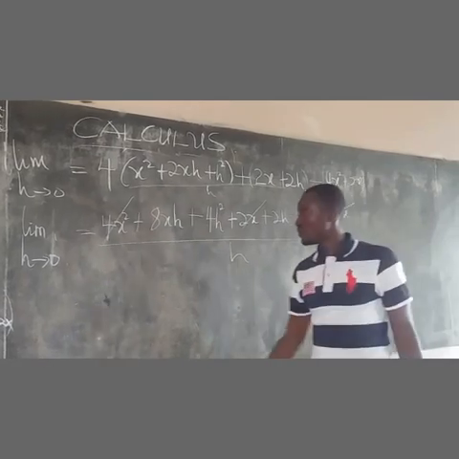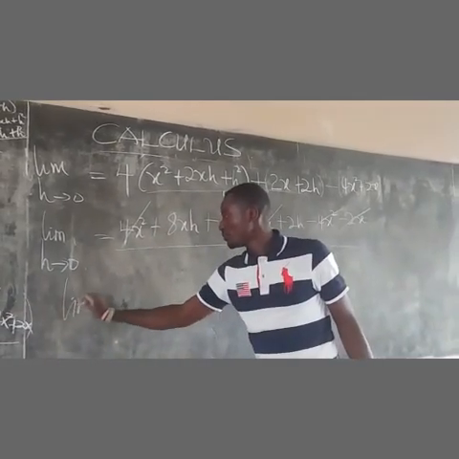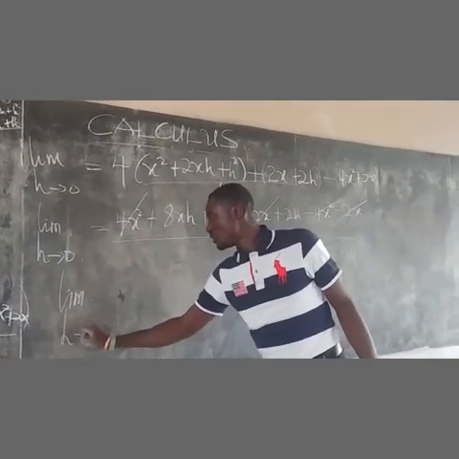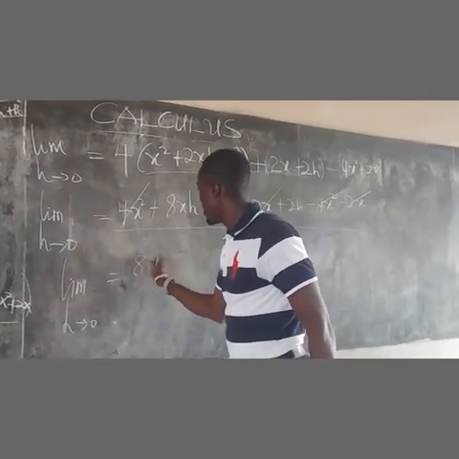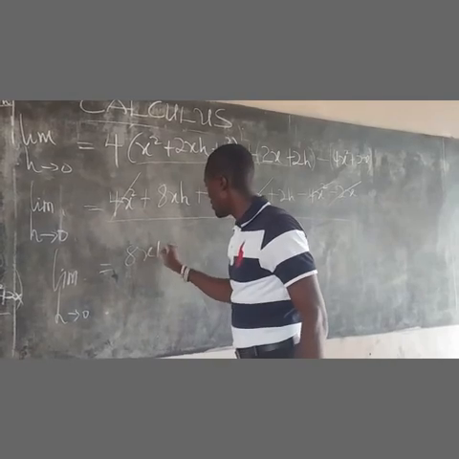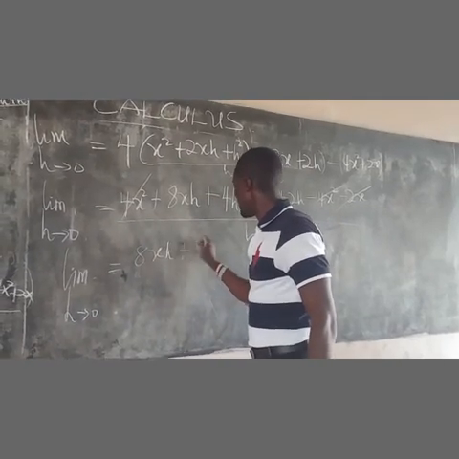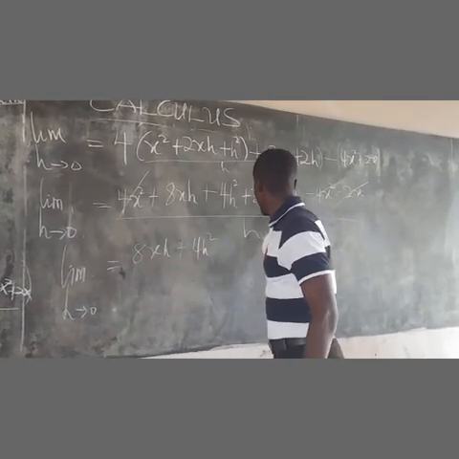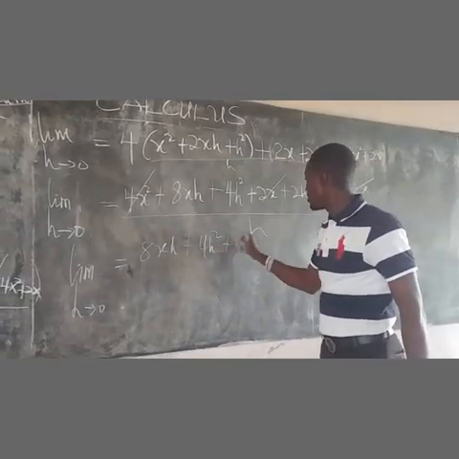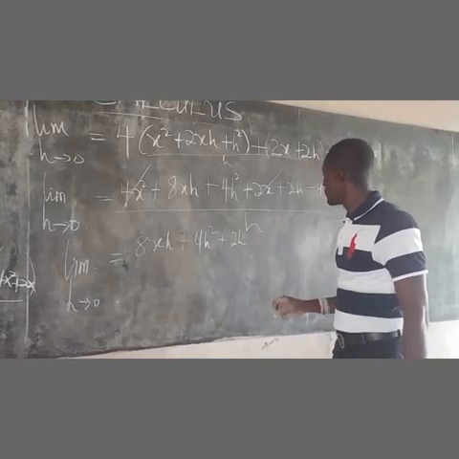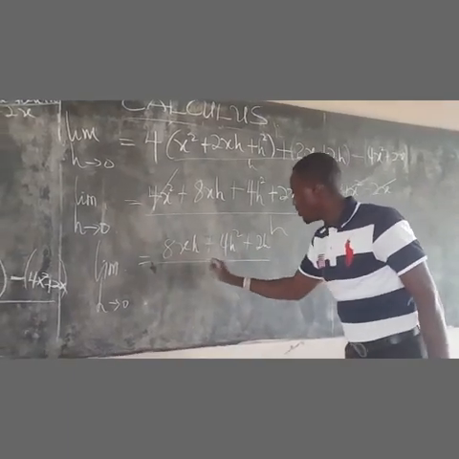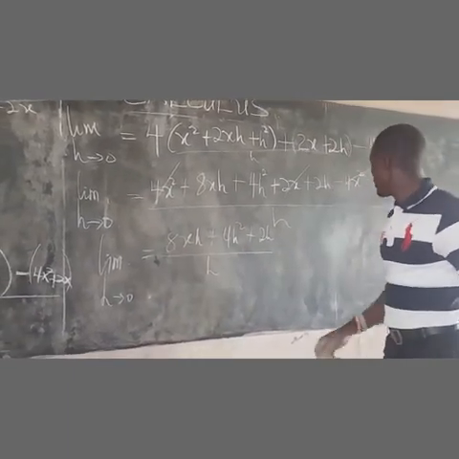So now we have the limit as h approaches 0 of 8xh plus 4h squared plus 2h, all divided by h. Good.